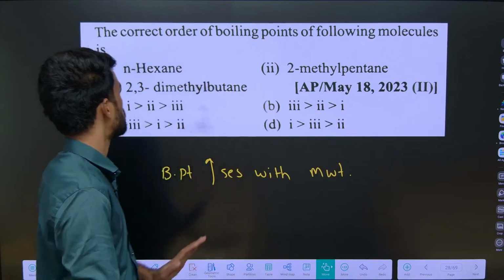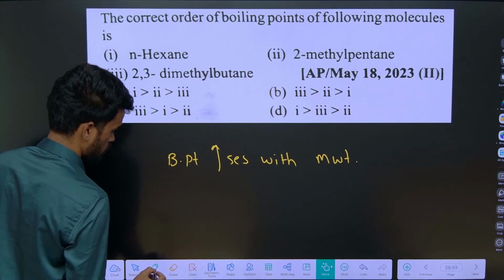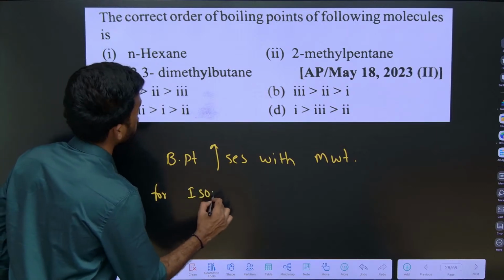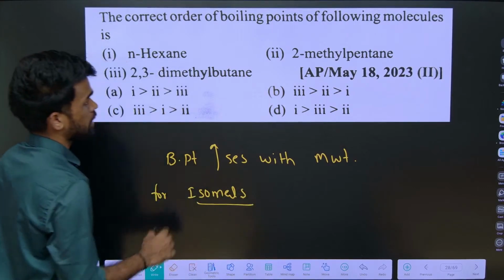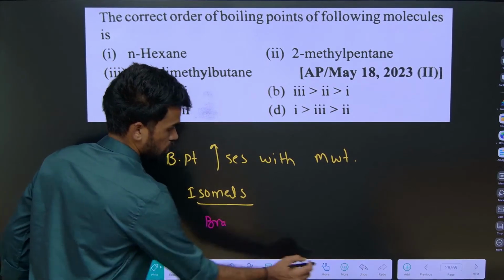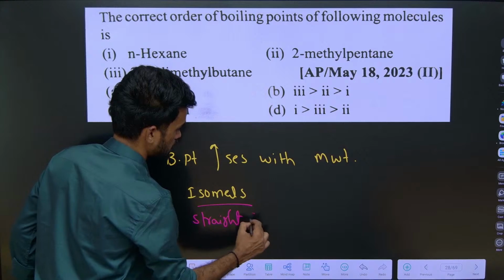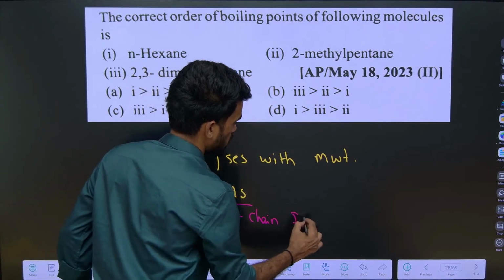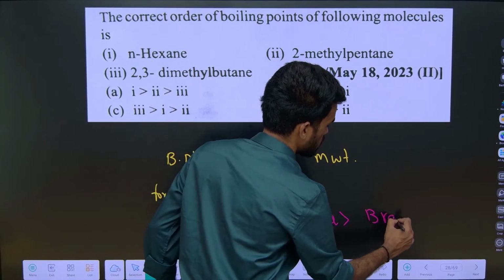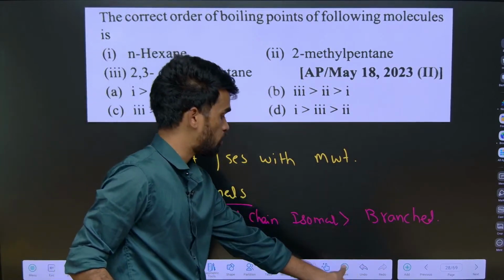In the case of isomers you can remember, on branching, straight chain isomers have a higher boiling point than branched ones. So what I am saying is, straight chain isomers will have a higher boiling point than branched.